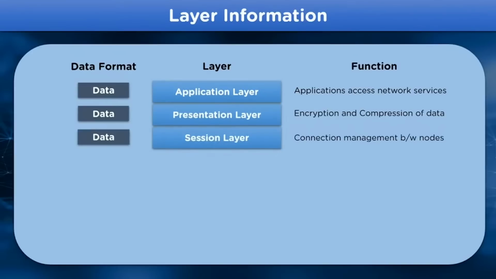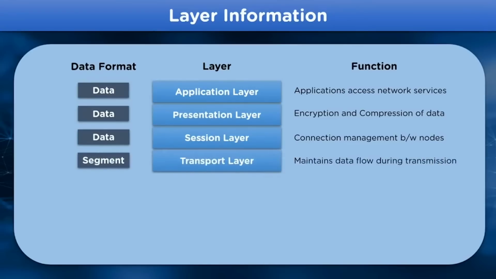Then we have the session layer. The session layer establishes a connection between the network devices for the data transfer. Then we have the transport layer, which oversees that the data is transferred without any error and is in the same pattern needed by the destination system. The data format handled by this layer is the segment format.